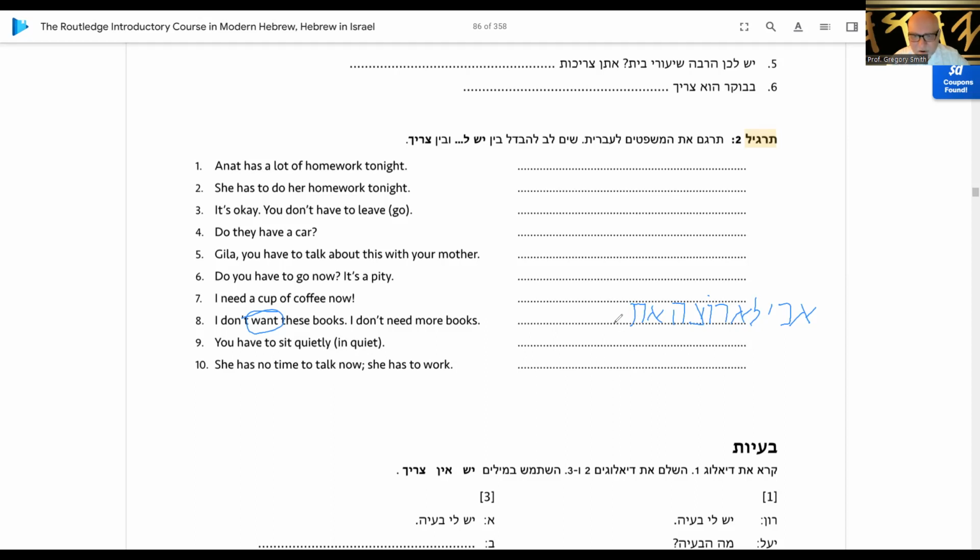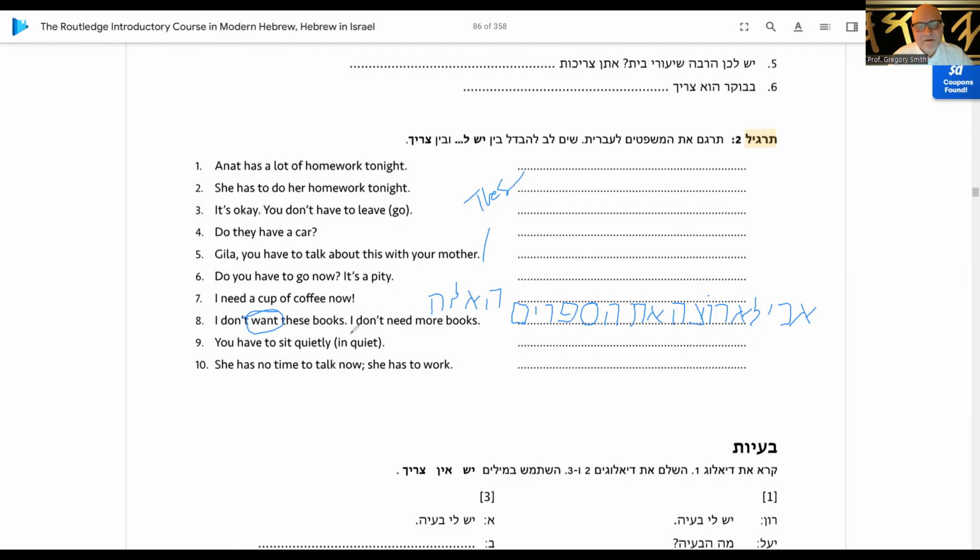It's just there for grammar. And then we're going to put the books, these, and then ha'ele. Okay, so remember, ele is these. Okay, and then sfarim. Okay, so ani lo rotse et ha'sfarim.